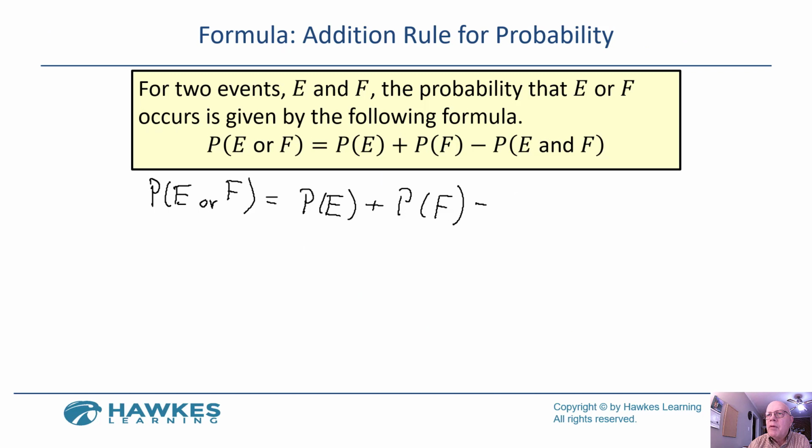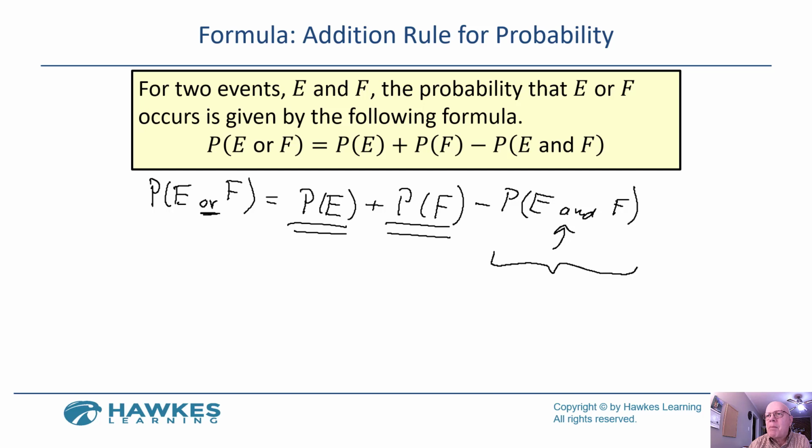So before you just add those and write that down as your answer, we have to subtract the probability of both of them happening at the same time. Because when we get this, we've added this probability twice, because we'll be adding it there again. So if you see an or here, add the probabilities, but subtract the probability that both could happen at the same time because you've added them in twice. You have to subtract them out once to get the total.